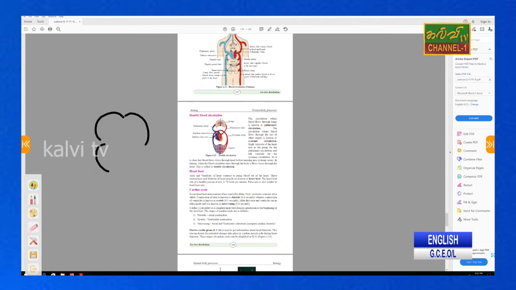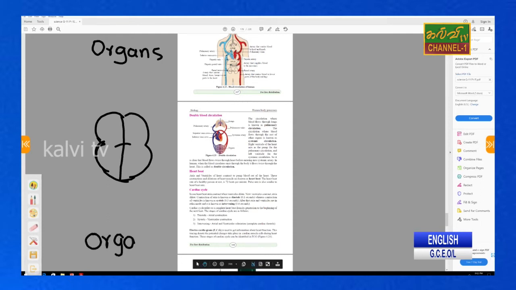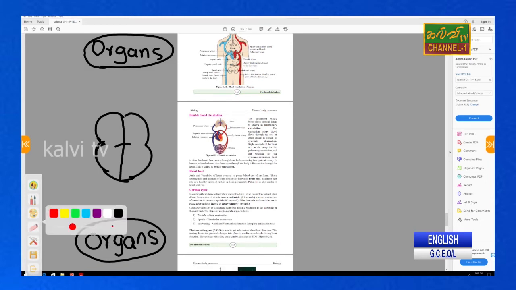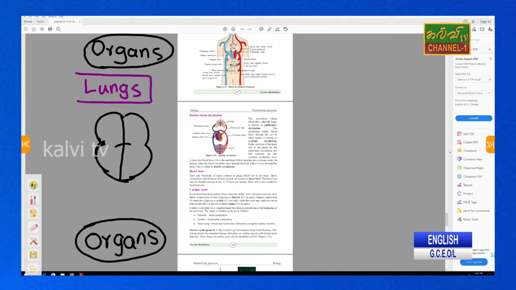This is the heart, and these are the organs, upper part and lower part, we don't worry about it. And we should indicate the lungs. We have two lungs, here.